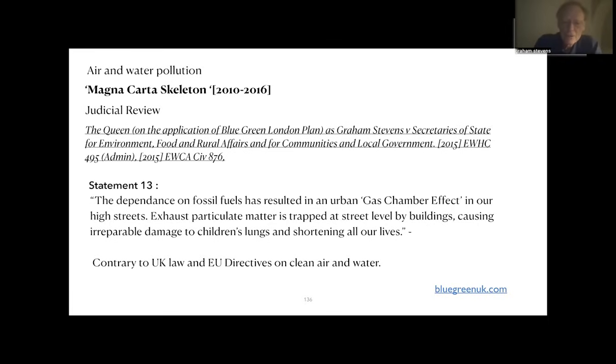But the problem is obviously how to persuade the lawyers to implement the law, and how to persuade the government to make the right policies to make destroying the planet against the law.